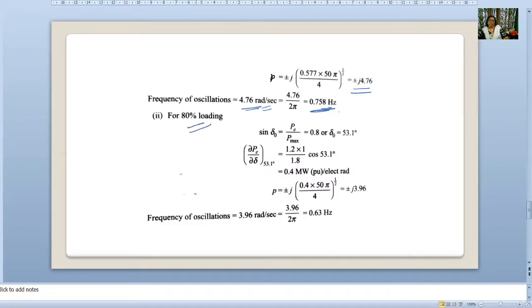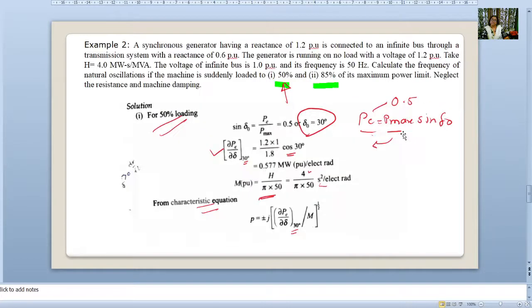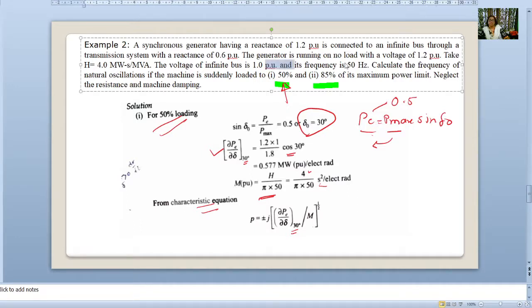Now for the second loading, Pe is again P max sine of del 0. It is 80% loading given, sorry, 85. I will correct this.